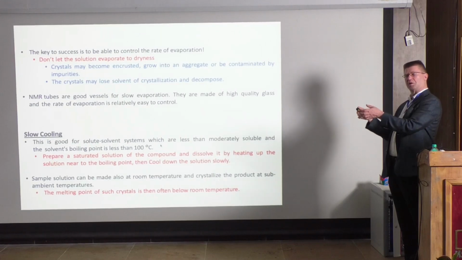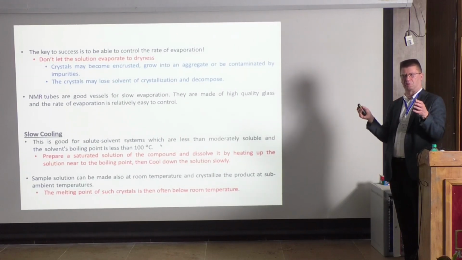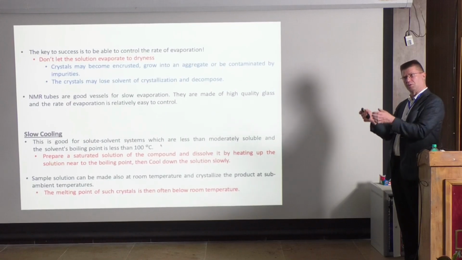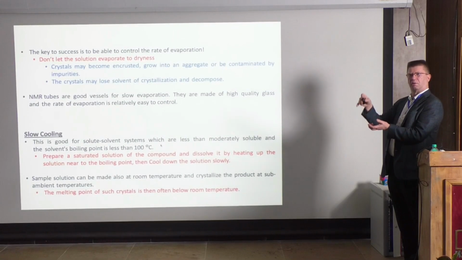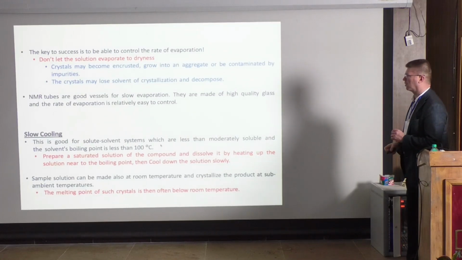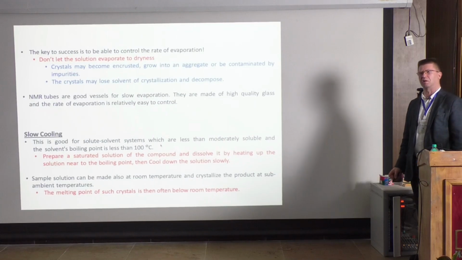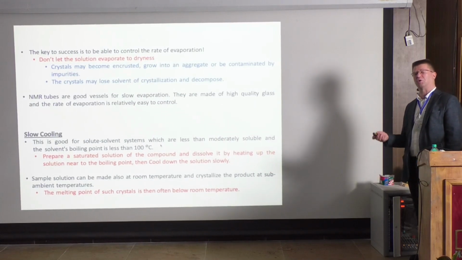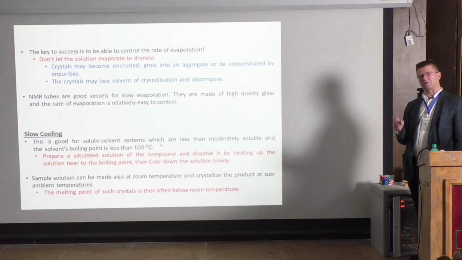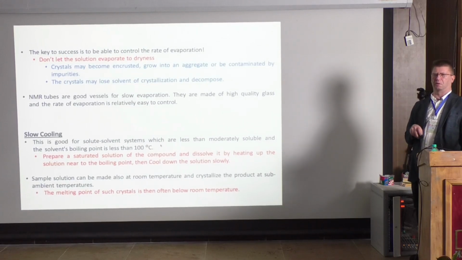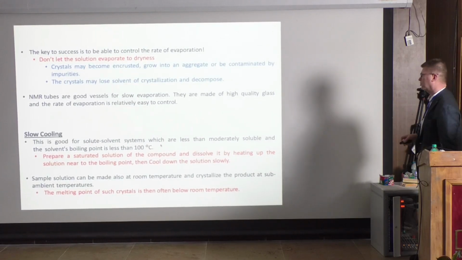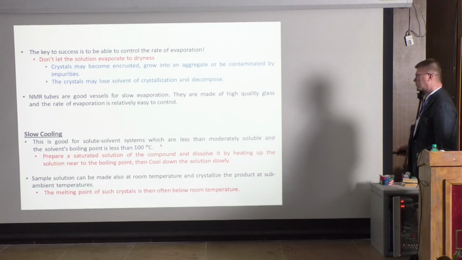Upon standing in the air, depending on how large the volume is, it will cool down to room temperature, and then the temperature gradient induces the crystal growth. And that is a very nice technique in the sense that if this works, the crystals are safely in solution already. Then you just have to pick them up from the solution. And that's the idea.